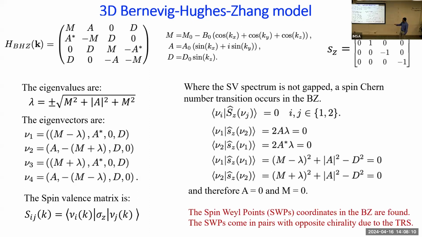And by hand, we discovered that this happens under these conditions. If we solve this equation by hand, we found the position of the spin Weyl points in the reciprocal space. And we also found that it's possible to have two pairs of spin Weyl points that are connected by time reversal symmetry with opposite chirality.